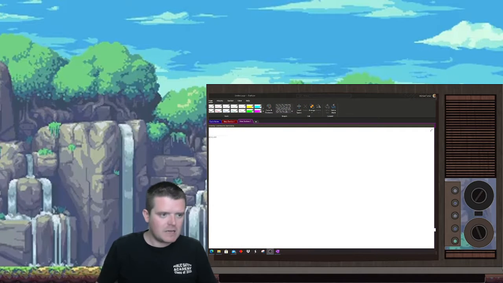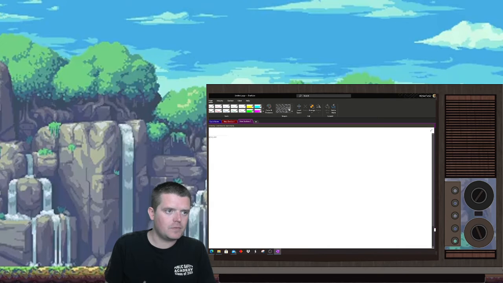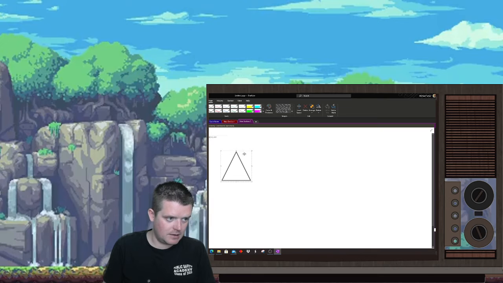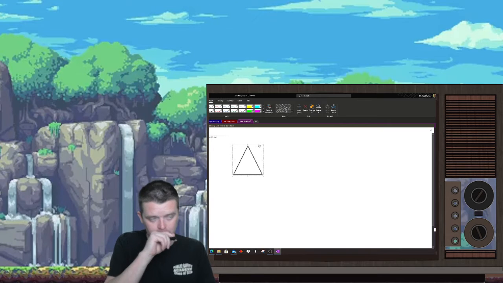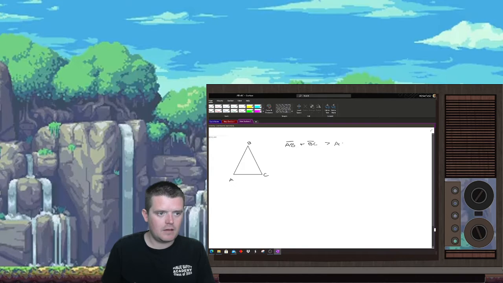So basically what the triangle inequality theorem states is that if I take the sum of any two sides of a triangle, then they have to be greater than the third side. For any triangle, it doesn't matter what type it is, isosceles, equilateral, scalene, call this ABC, the theorem states that if I add any two sides, so AB plus BC, that has to be greater than AC.